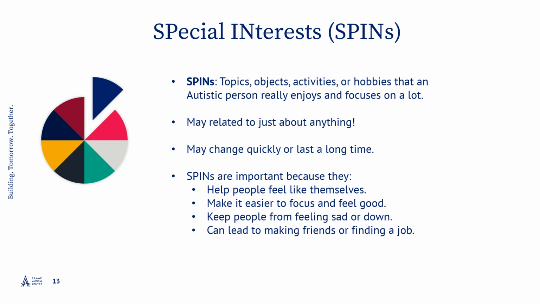SPINs may change quickly or last a very long time, and they are super important to autistic folks because they help them feel like themselves and develop a sense of self-concept. They make it easier to feel good and focus. They keep them from feeling sad or down, and they can even lead to making friends or finding a new job.